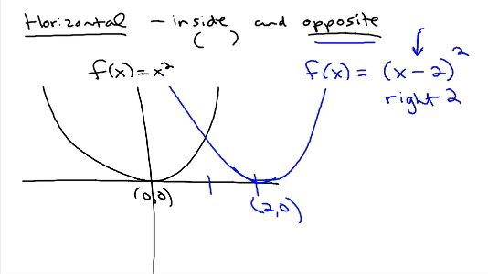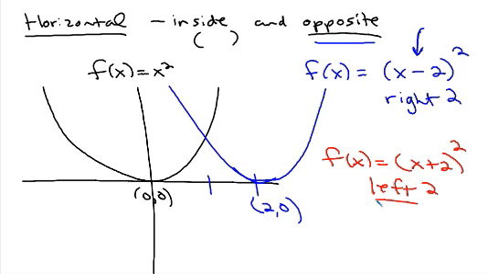And that also means that if you had one like this, x plus 2 quantity squared, remember, think opposite when it's inside. This is going to go to the left 2. So this one has a vertex over here at negative 2, 0.